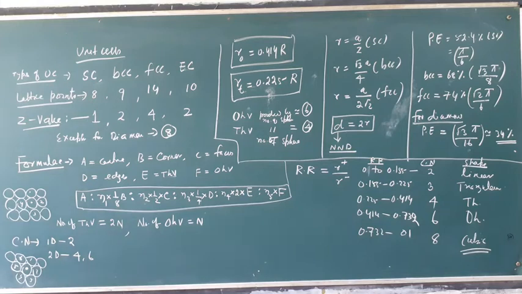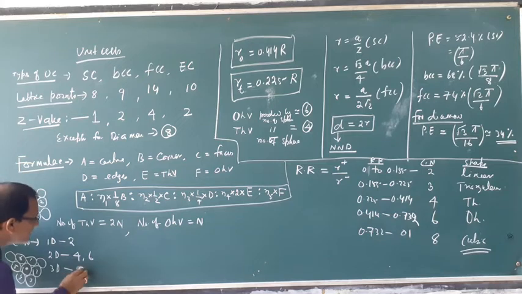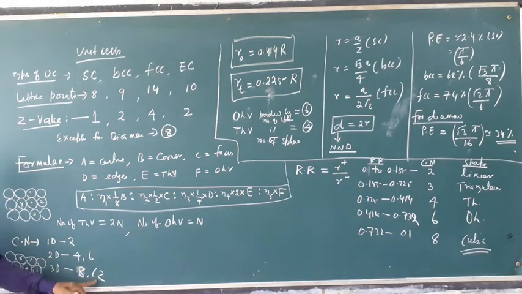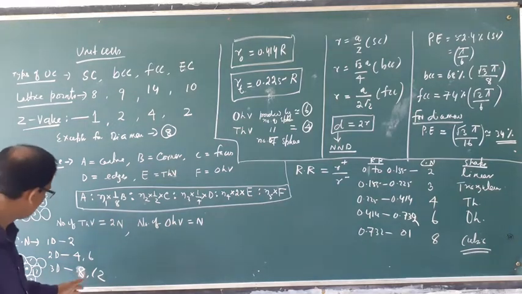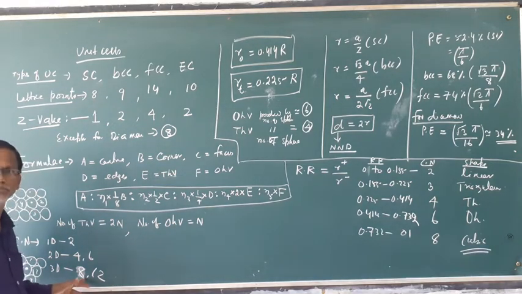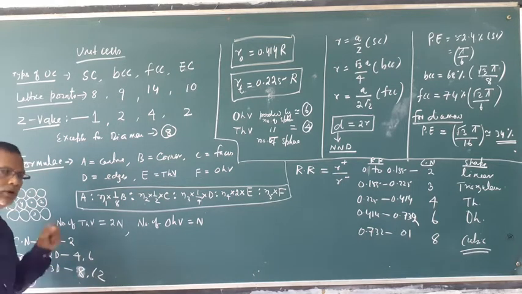For 3D, the same type of pattern, it will be 8 or 12. For the 2D pattern 4, if the same type of arrangement becomes 3D, it will be 8. 4 will become 8, 6 will become 12.